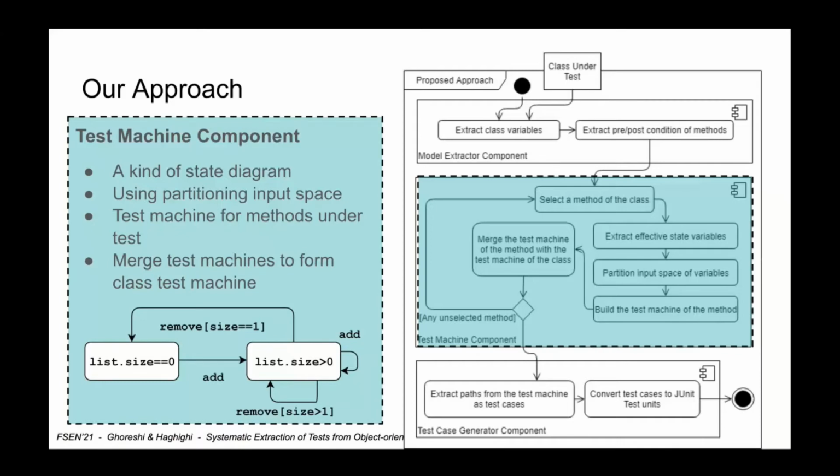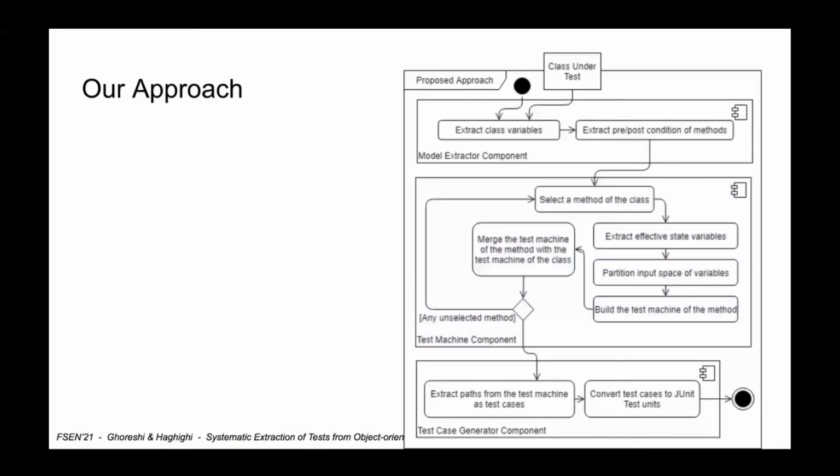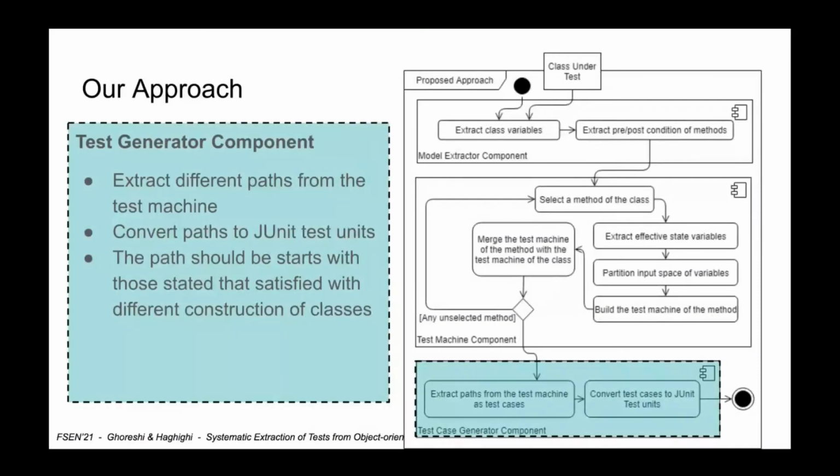It has two states with conditions about the size of a list, and transitions are class methods like add to list or remove from the list. The last component is the test case generator component, which extracts test cases by mapping the paths of the extracted test machine to test cases. We also use the logical condition in each state of the test machine to form some test assertions.